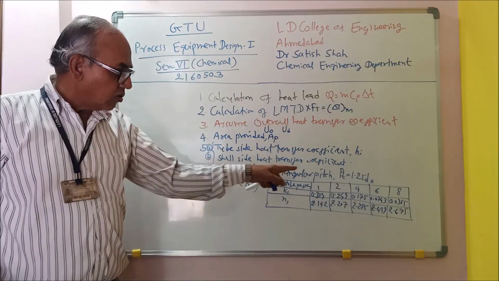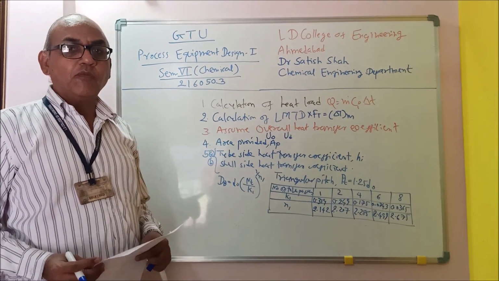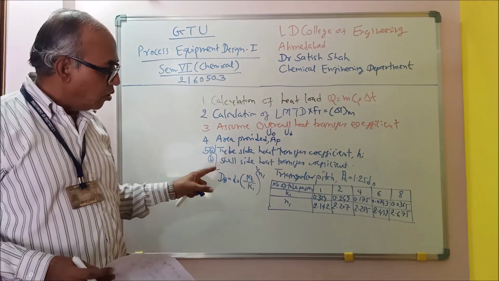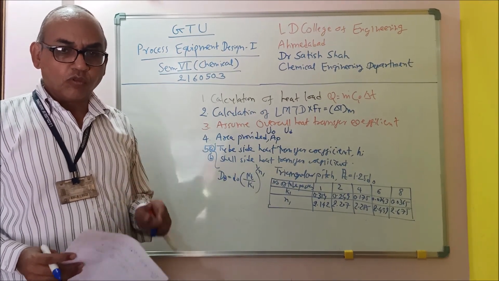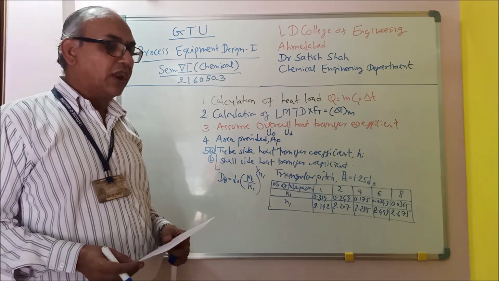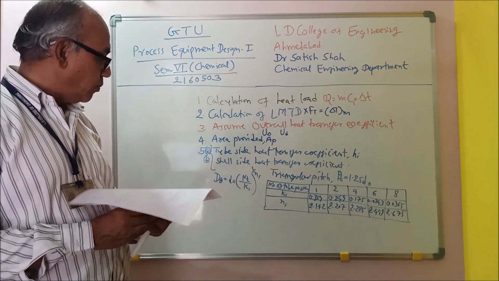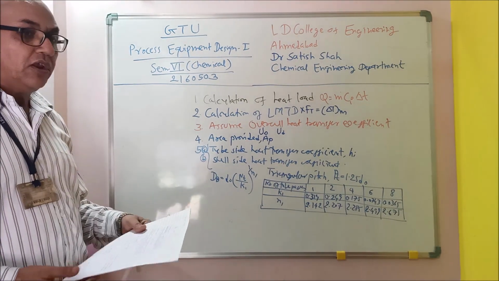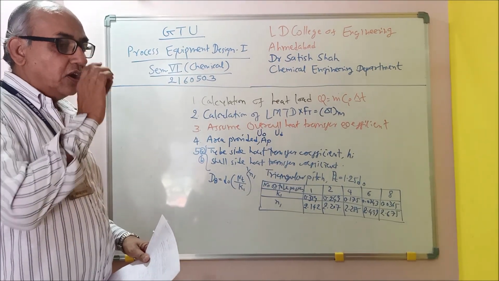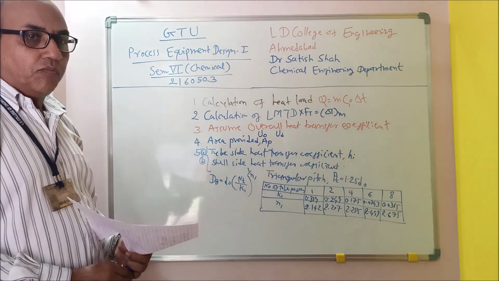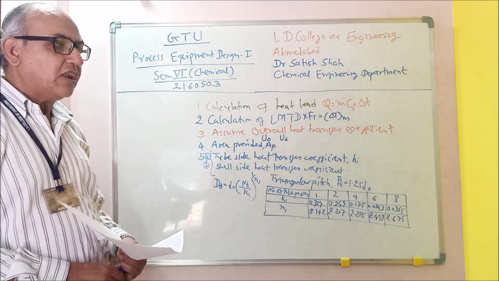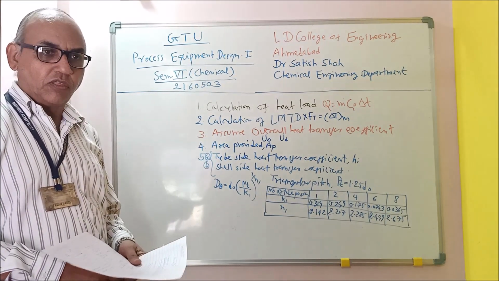Similar to this, values are also available for the square pitch, which I am not writing over here. You can refer to the book if required, but most of the time we need triangular pitch, so I have mentioned it for the triangular pitch. And the second important thing is if we have the U-tube, instead of 2 pass, there is a difference.